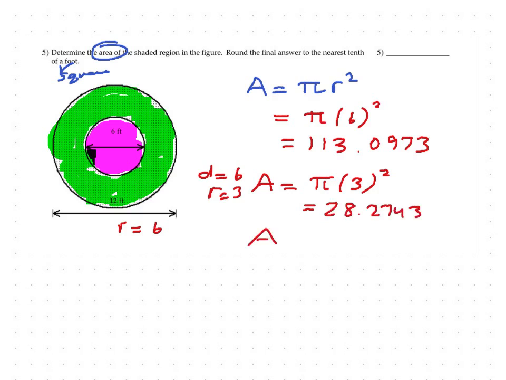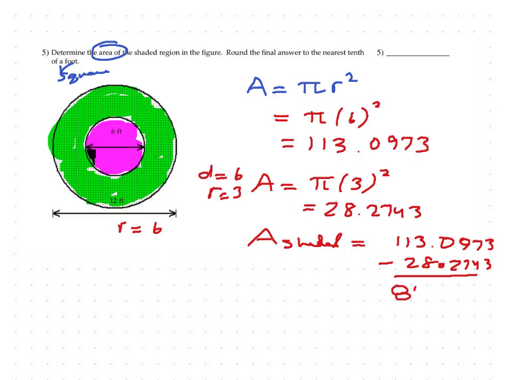Now the area in between, the area of the shaded, would be the difference. So 113.0973, take that, subtract 28.2743, and you're going to get an answer, calculator-wise, of 84.8230. You go back and reread, what was the question asking me for?